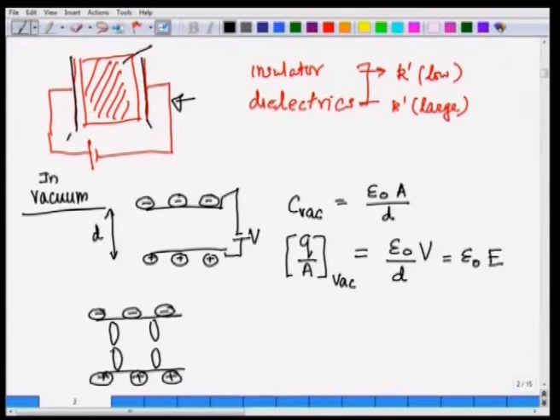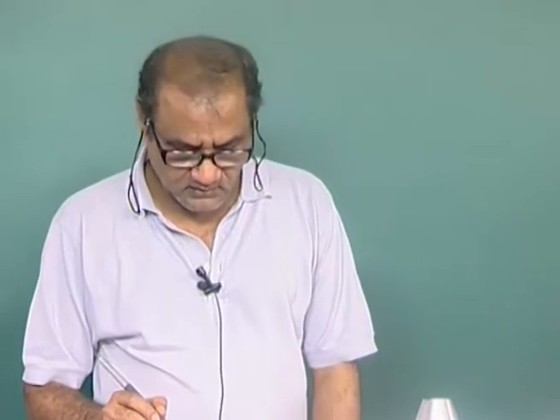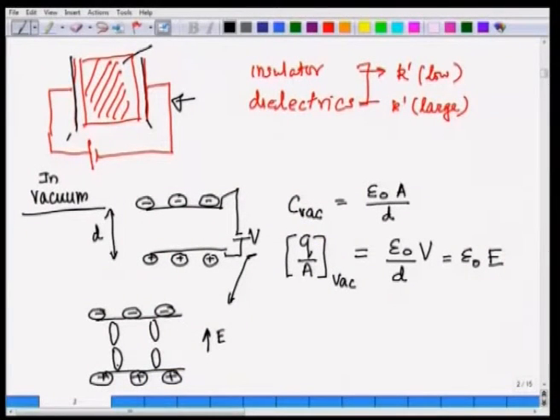What has happened? I have bound charges. When I applied an electric field like this, that means I connected the battery the same way as here, which means I am going to get an electric field in this direction. When I apply the electric field, something happens. These bound charges, though they cannot conduct and hence the material remains an insulator, do polarize because of the field that we have applied.